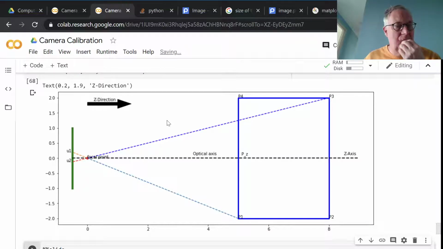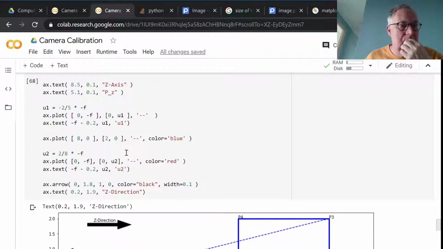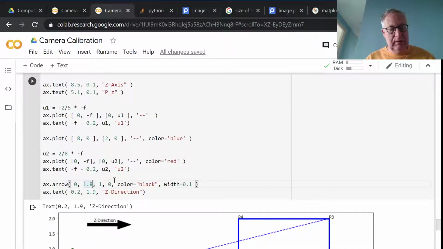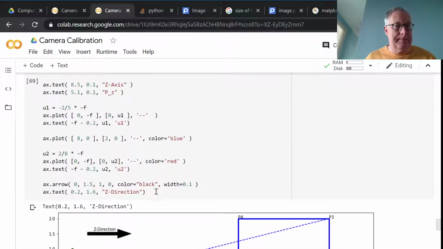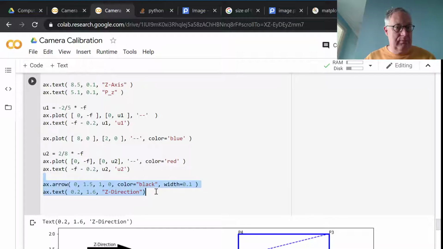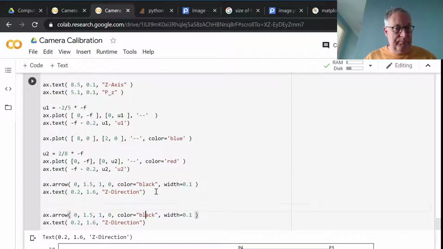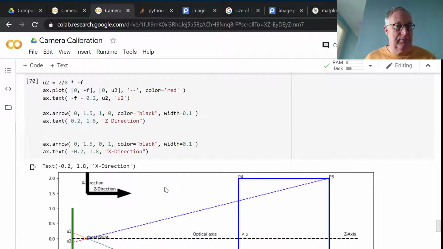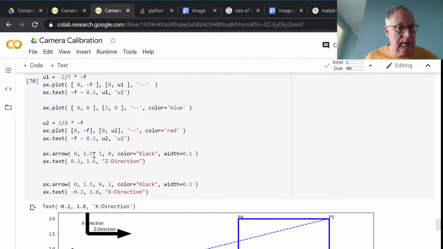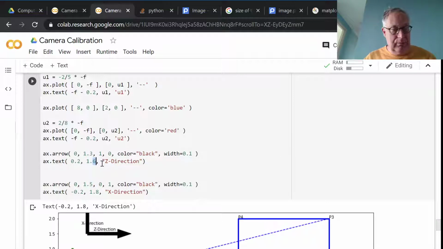So this is the Z direction, and let's move the whole thing down. Too big. 3, 4.